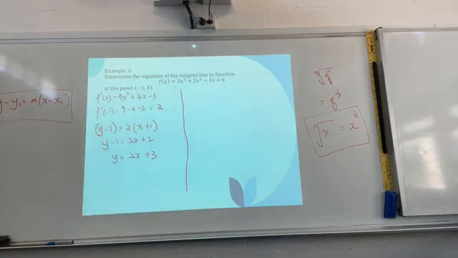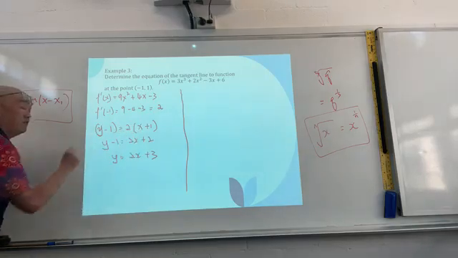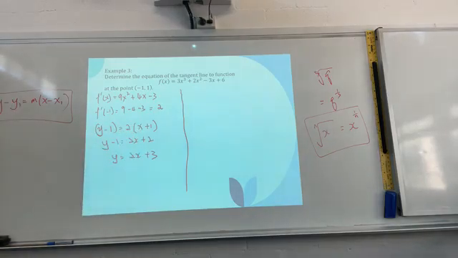Therefore, it is y = 2x + 3. All right. Be really careful with your negative and positive. In the exam, those are the things that I make mistakes on. So I really want all of you to think about not making that sort of mistake. Negative and positive.